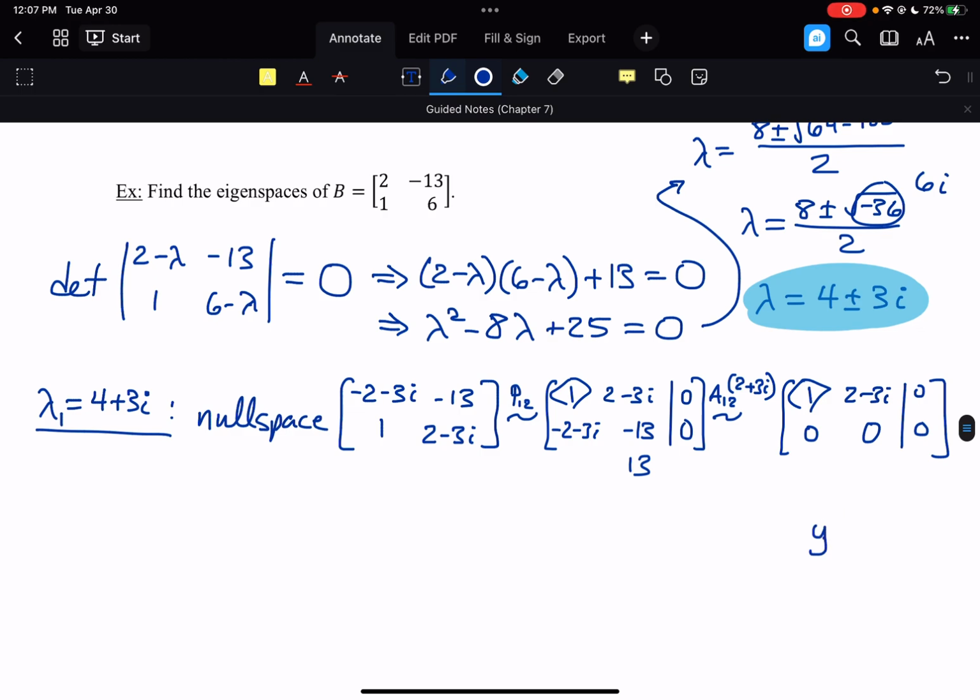So we get here y will be a free variable t, x plus 2 minus 3i all times t. So if we subtract that over, we get negative 2 plus 3i times t.